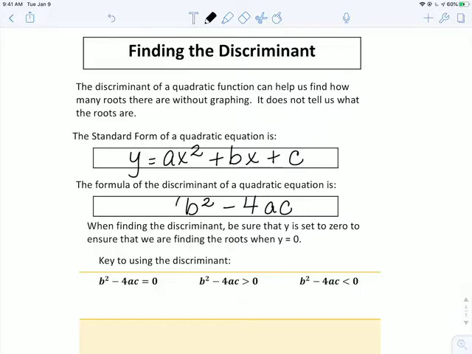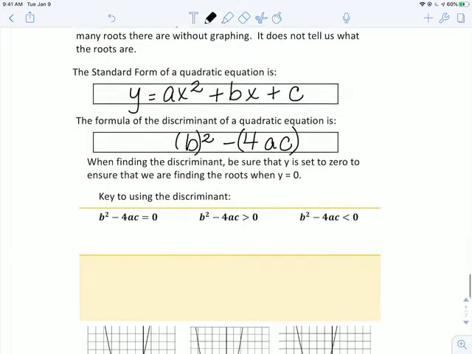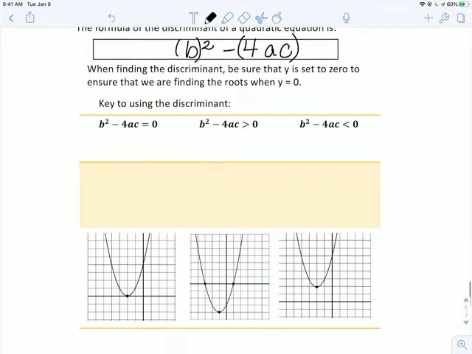And again, I would put parentheses the same way you do in the quadratic formula. So when you do b squared minus 4ac, if you get a number that is equal to 0, that tells you that you have one real solution.